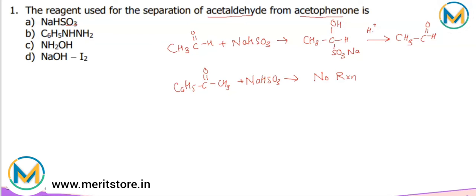That means when we add NaHSO3, only acetaldehyde can do this reaction, while acetophenone will remain as it is, and we can separate acetophenone from acetaldehyde by using the reagent NaHSO3. So the correct answer is option A.